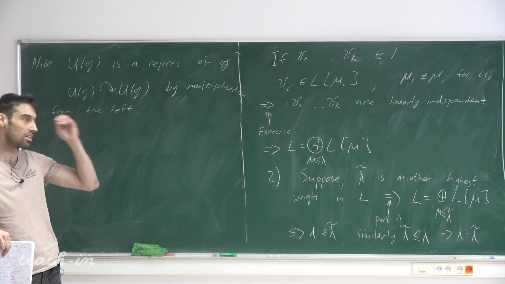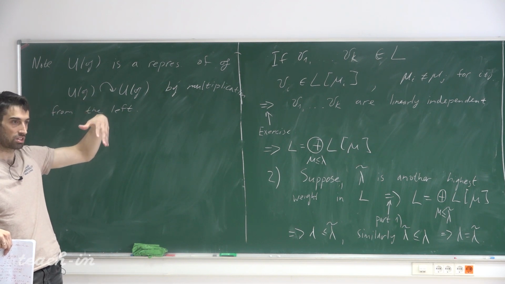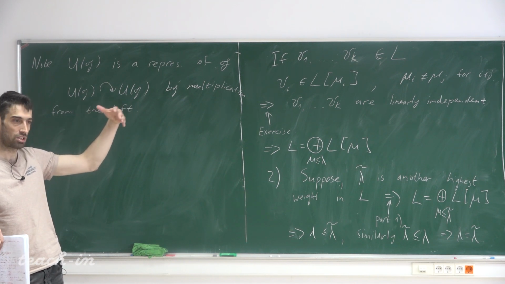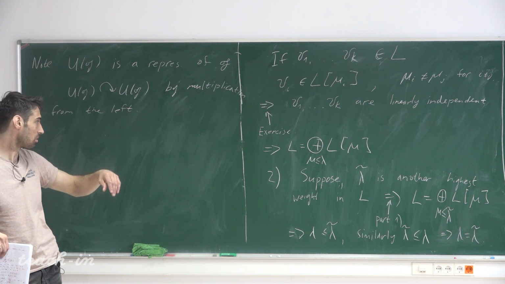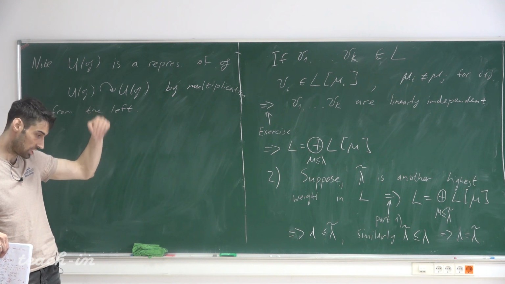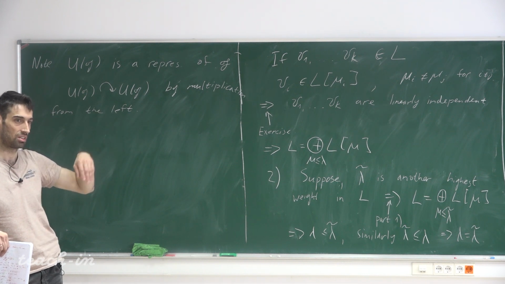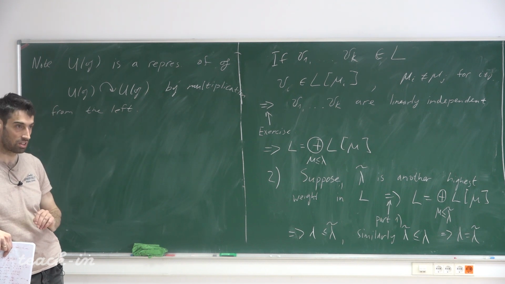So actually, our first motivation to construct the universal enveloping algebra is to construct an associative algebra, which is like the largest possible, which contains as a Lie subalgebra the Lie algebra that we started with. Okay, so representations of U of G and representations of G are the same thing.